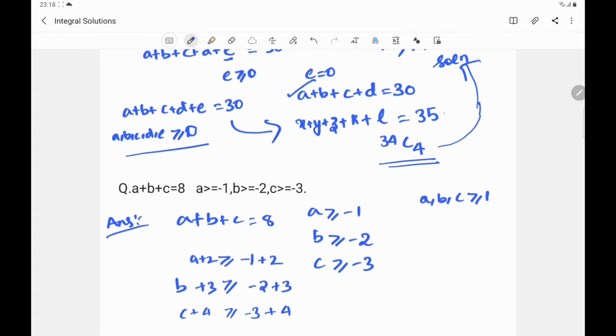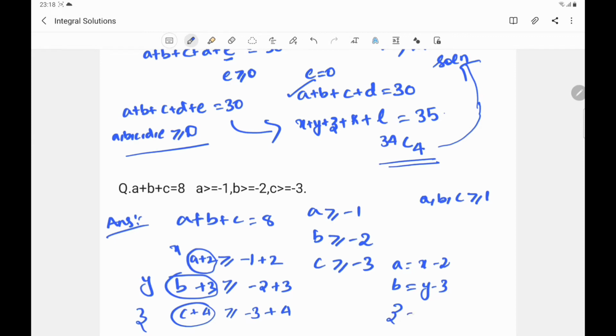Now I'll name these as x, y, and z. So a will be x minus 2, b will be y minus 3, and c will be z minus 4.